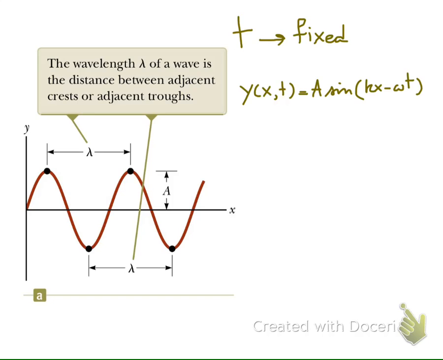Again, we consider the wave that moves in the positive x direction, but in this equation we fix the value of t. This value of t is fixed, so it is just a constant in the function.